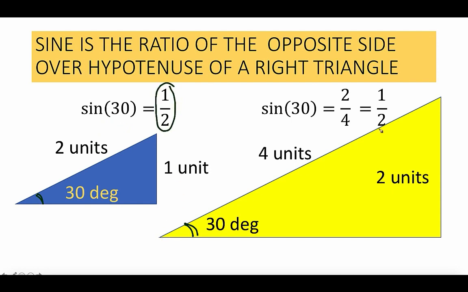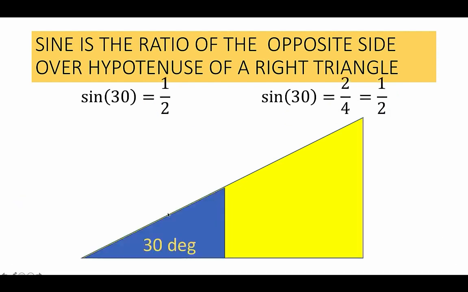Now, even if I extend this side and this side to form this bigger triangle, this time, this opposite side now is 2 units and the hypotenuse is 4 units, still the sine of this angle 30 degrees, which is the ratio of the opposite side, 2 units, over the hypotenuse of 4 units, which is 2 over 4, when reduced to lowest term, also give us the same value, 1/2.